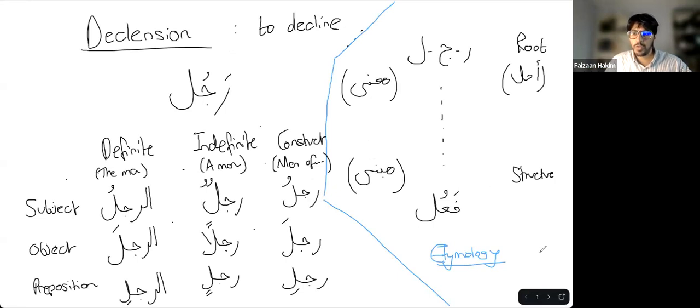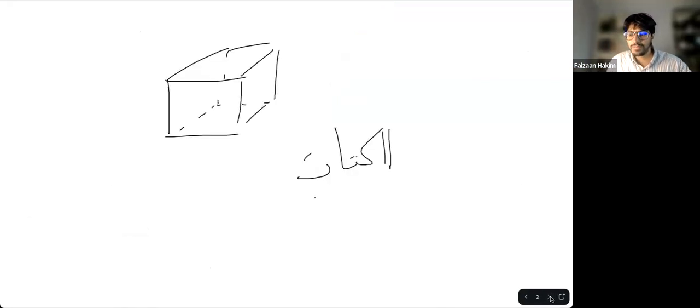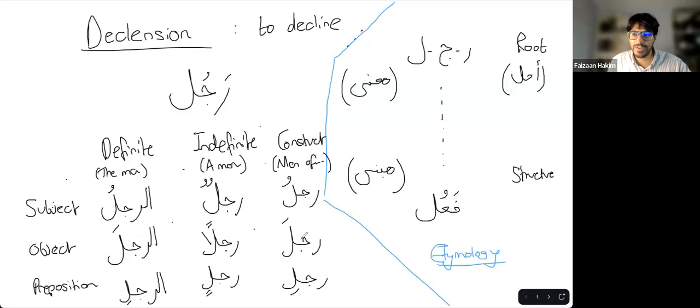Then it can be dual, times that by 2. It can be plural, so you have three of these tables. And in fact, words in Arabic sometimes, actually usually, have multiple plural forms. So there's many tables. Again, before you panic, it's the same table just repeated. And this table is the same thing just repeated.